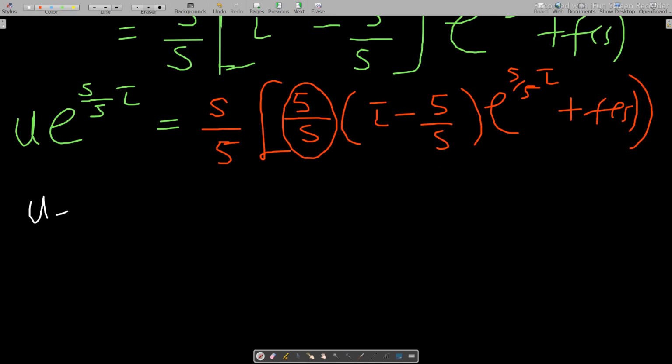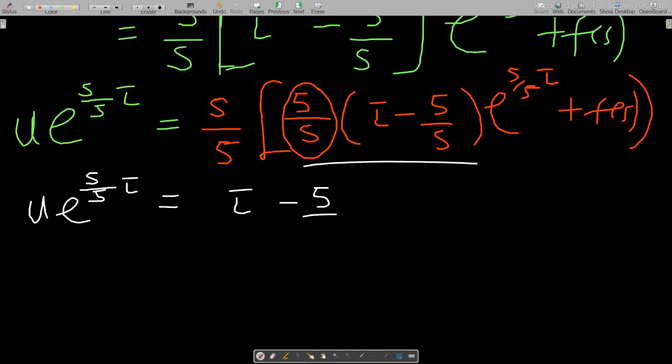I have u e to the power s over 5 tau should be equal to, now I multiply s over 5 throughout, and this term will be left with tau minus 5 over s, and e to the power s over 5 tau, and plus s over 5 times f of s.